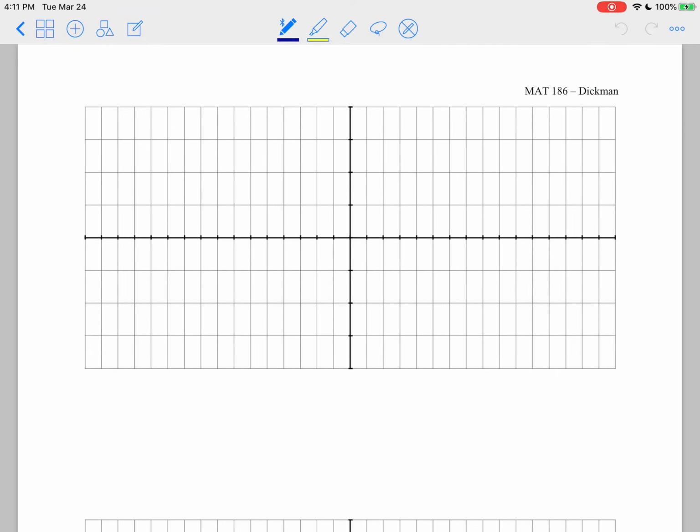So let's go ahead and graph. The first example, which is in the notes, is y equals 3 sine of 2 times (x minus pi over 4). Okay, so we have a lot going on here.